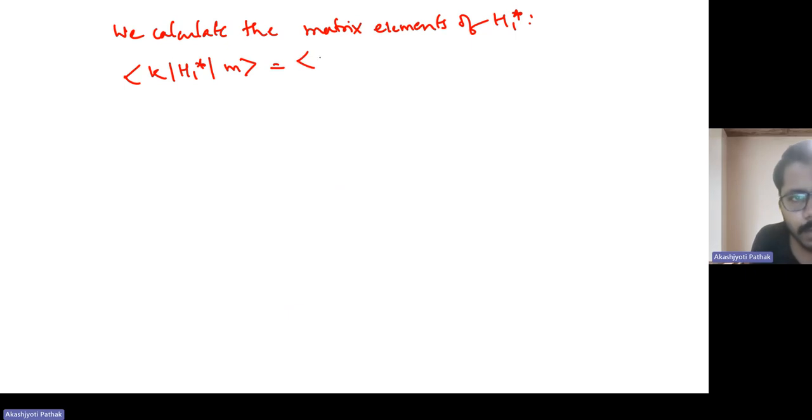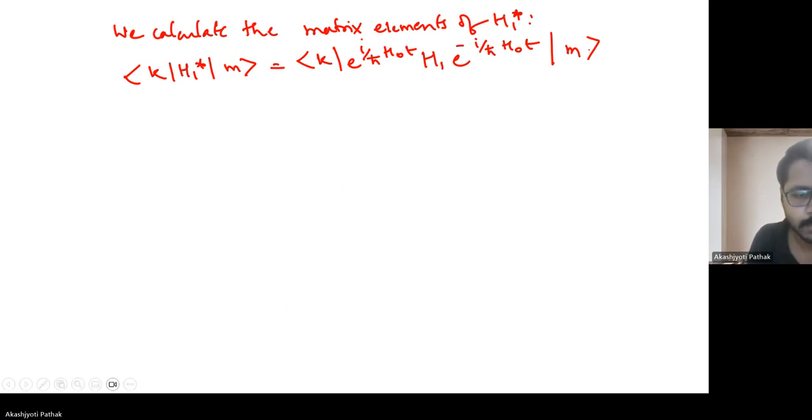It will be equal to the bra a, e to the power i by h cross h naught t, times h1, times e to the power minus i by h cross h naught t, ket m.